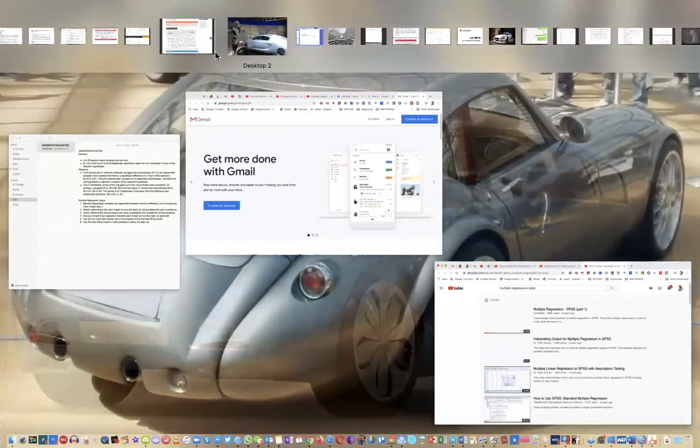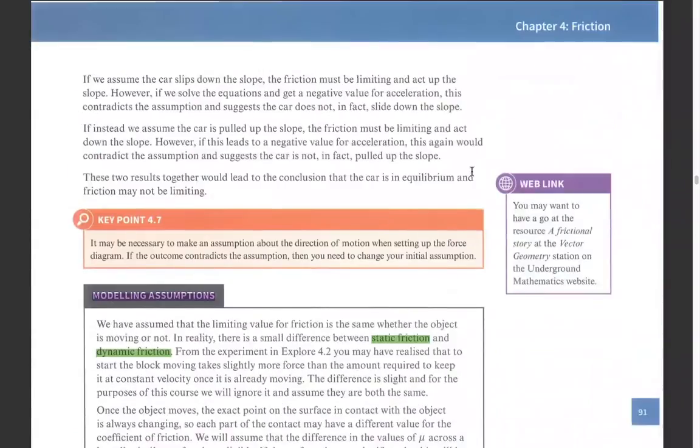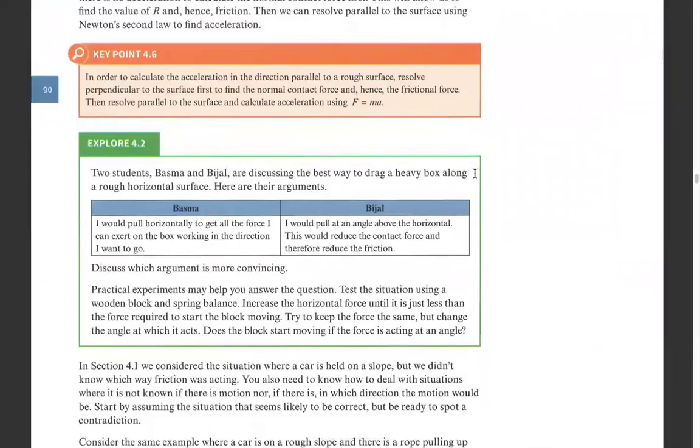But again, in this course, we are treating objects as particles, whatever the size and shape of the actual object. The size of friction will not be affected by those factors. So all these factors we have discussed, we are not going to account for them in our course, but you have to understand that we are making lots of assumptions here.